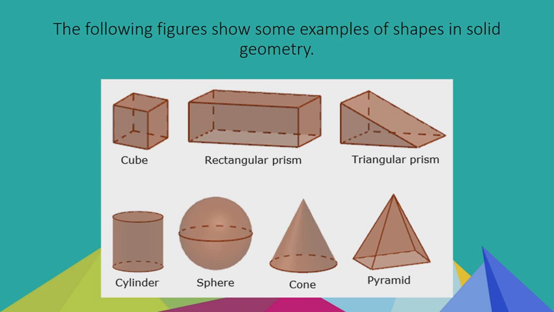The next one beside that is a rectangular prism. In this also you can find the three axes, and next to that is a triangular prism. Below it, the first one is the cylinder, and the next is a sphere, then a cone, and finally a pyramid. Like this we have the solid shapes.